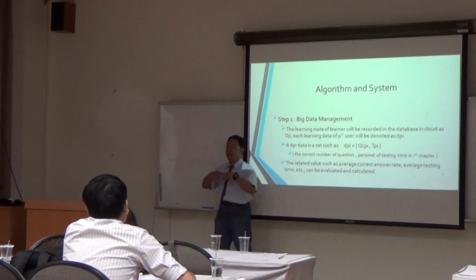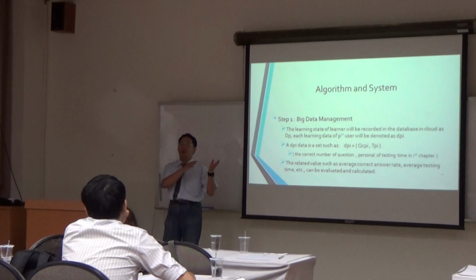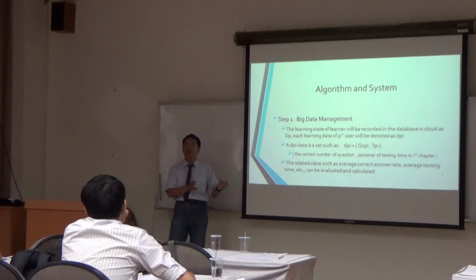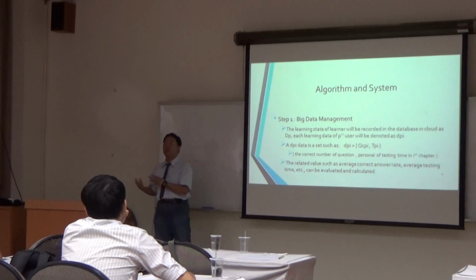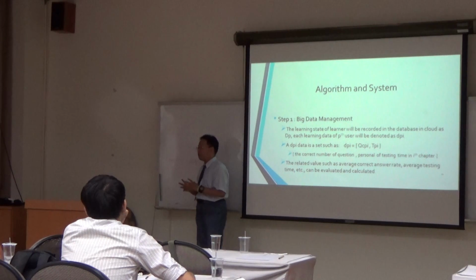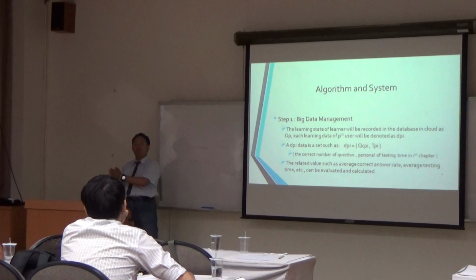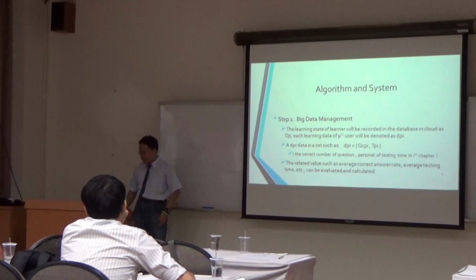Then we can calculate the average, for example the average correct answers in this subject or the average answer time in this subject. We can use all this data to evaluate how much time or how many questions you should answer correctly. Then we can evaluate one student: you are better than 70%, or you are better than only about 30%.